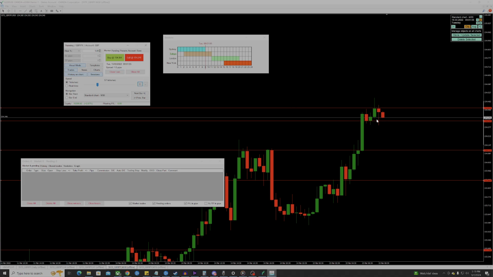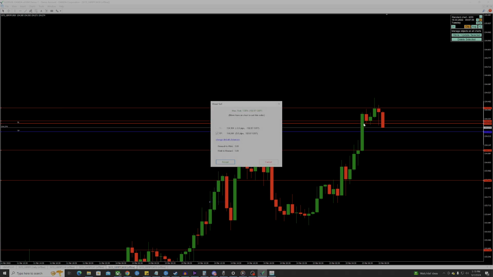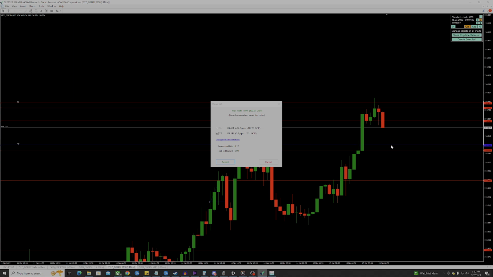If we break below this red line in this low right here, we're doing 1% because it's impulse. We'll go over the previous candle because we still ain't hit 20 pips. That's what I generally shoot for, is 20 pips.